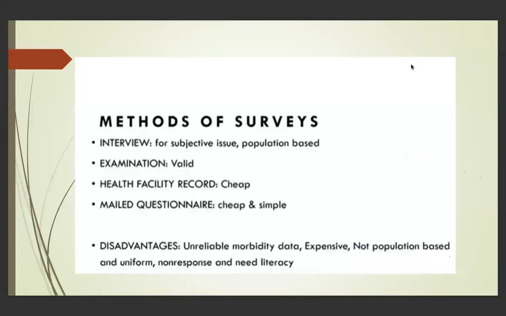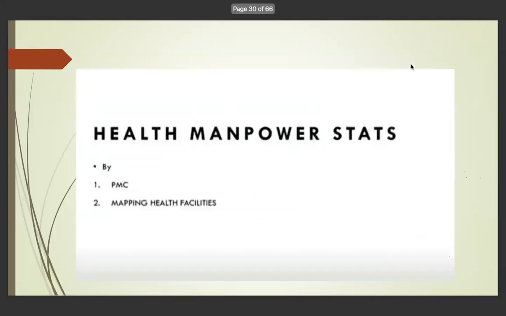Methods of surveys: interview for subjective issues, which is population-based; examination, which is valid; health facility records, which are basically cheap; mailed questionnaire, which is cheap and simple. Disadvantages include unreliable morbidity data, expense, not being population-based, non-uniform response, and the need for literacy.